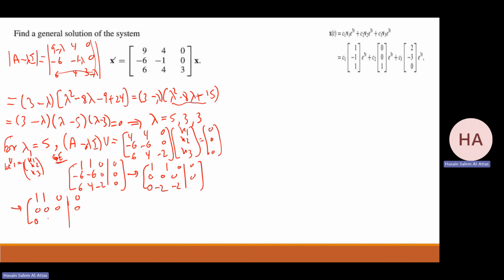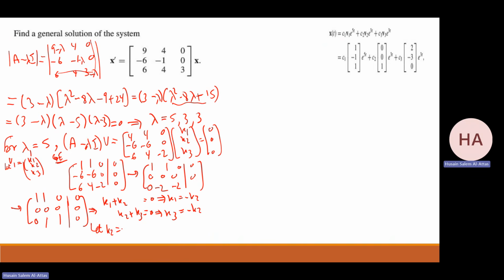Divide by minus 2, I mean 1, 1, 0. So actually you have K1 plus K2 equals 0, and K2 plus K3 equals 0. From this, I can get K1 equal minus K2, and from this, I get K3 equal minus K2 also. So my K2 is my free variable.